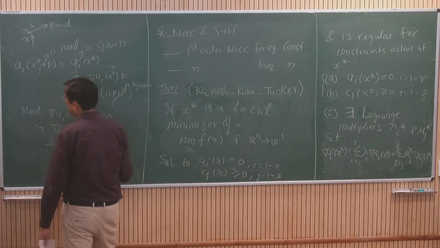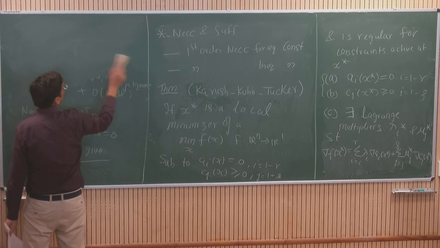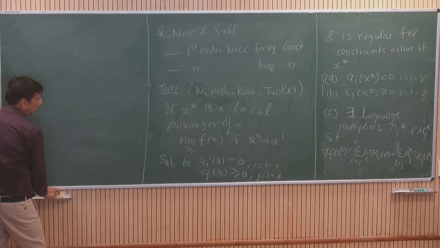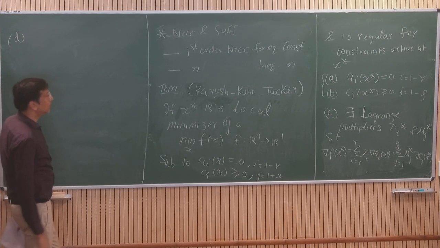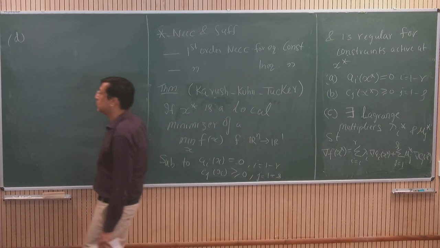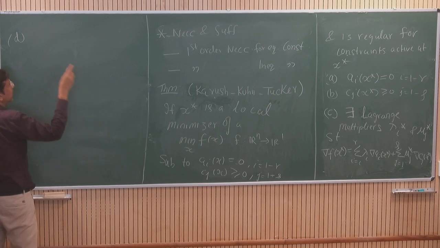There are two more conditions which we are going to write. Not sure if we'll have time to solve a problem on this, but at least we'll finish understanding this. The other two conditions say that the product of the Lagrange multiplier with the constraint is 0.